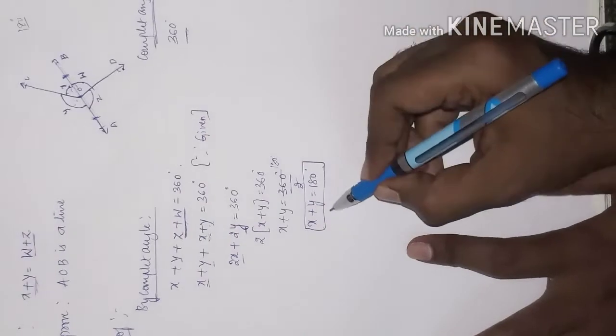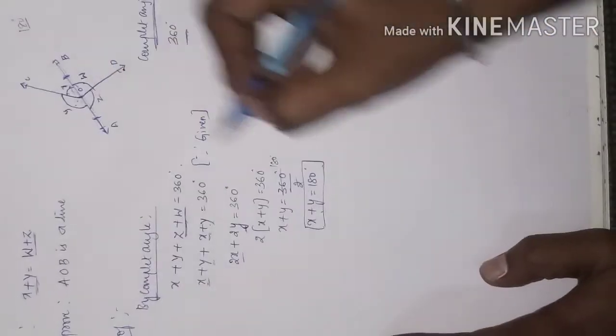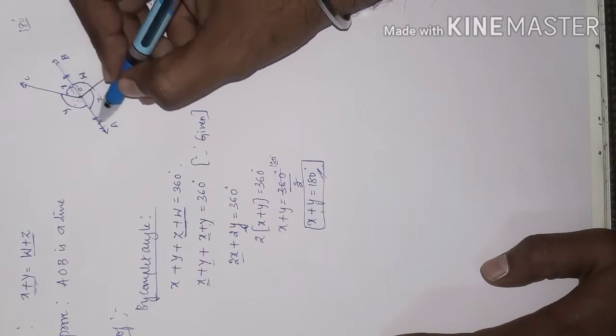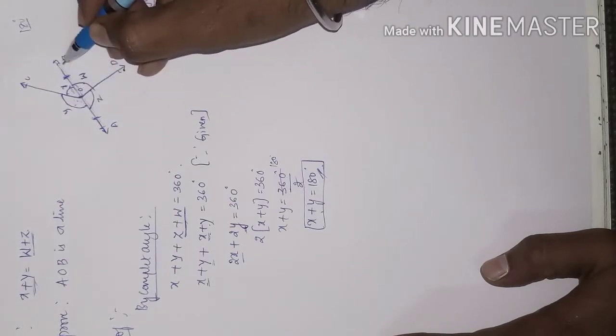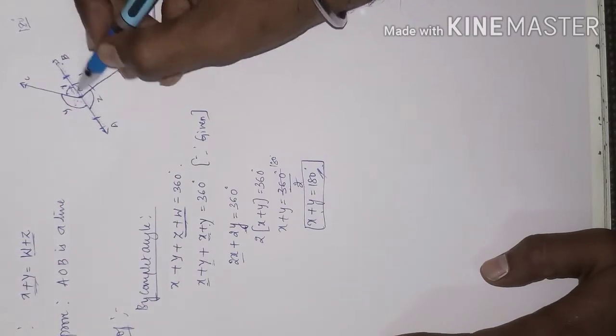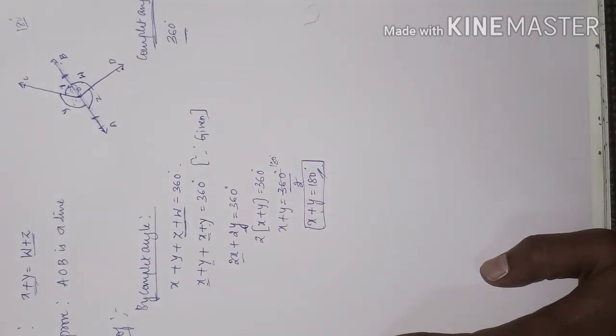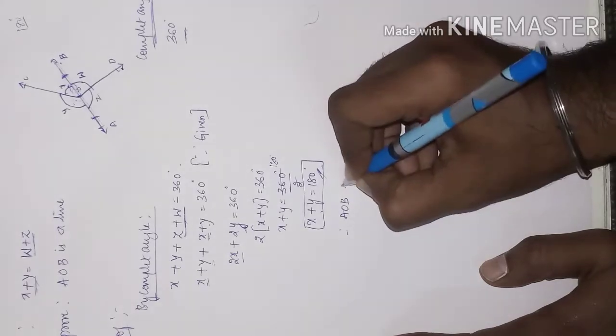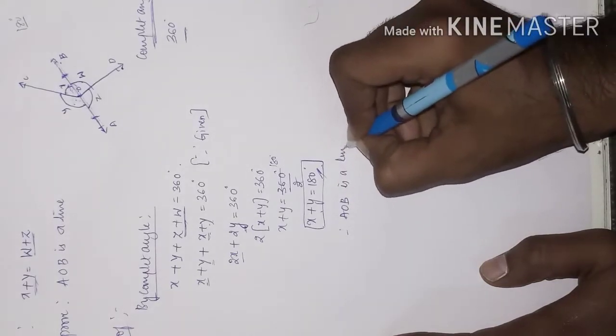So here you can see x plus y is equal to 180 degrees, and these x and y are angles with the uncommon arms AO and OB. That means AOB is a line. So we'll write here: therefore AOB is a line.